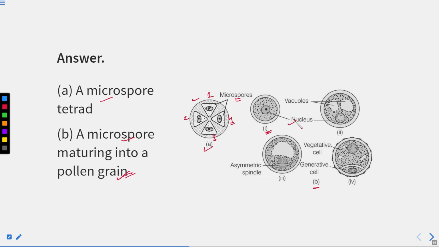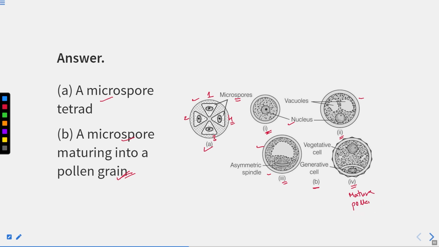It contains the nucleus. Then in the second stage, there is a development of vacuoles also. In the third stage, you can see there is a division. So here you can see formation of the vegetative cell and the generative cell. And this is the mature pollen.